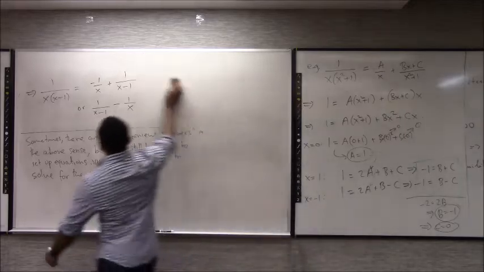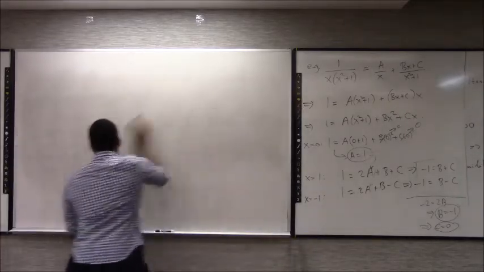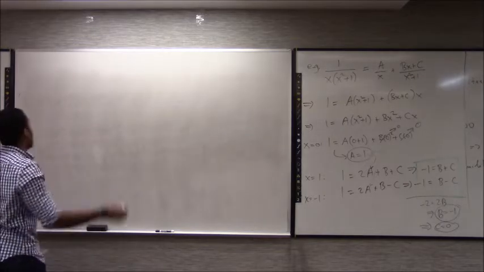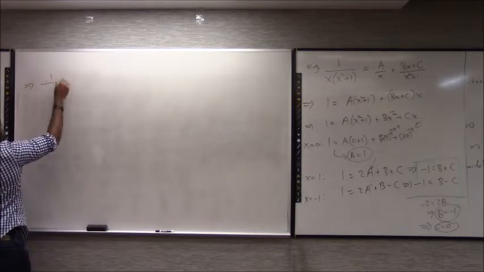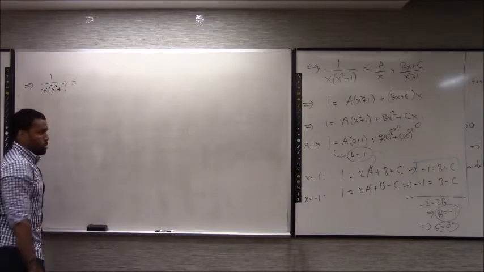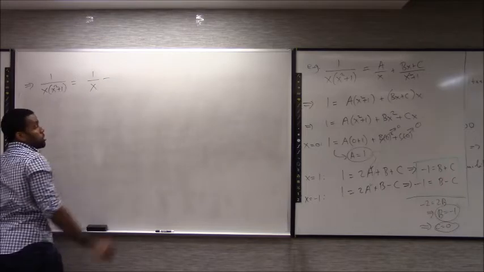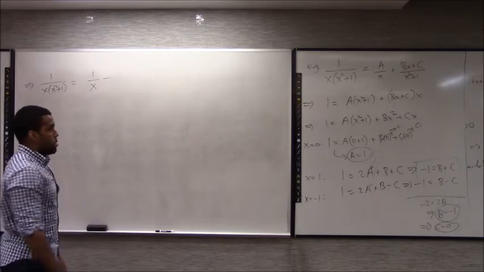So ultimately now, I realize that 1 over x times x squared plus 1 is equal to the a over x plus the bx plus c.